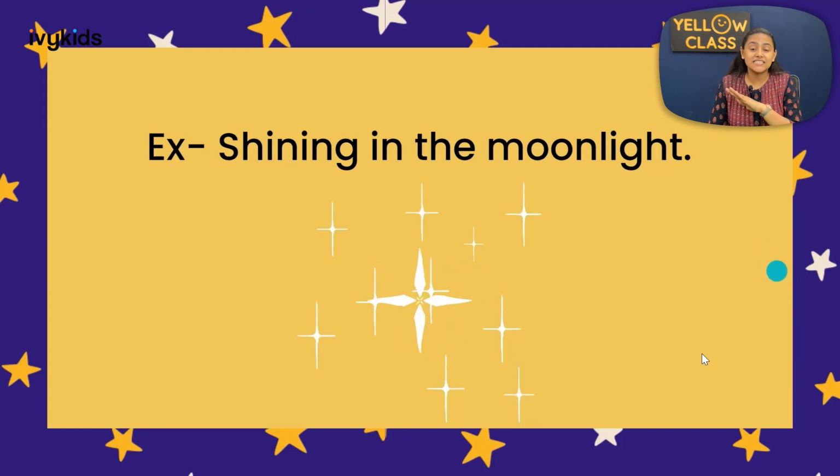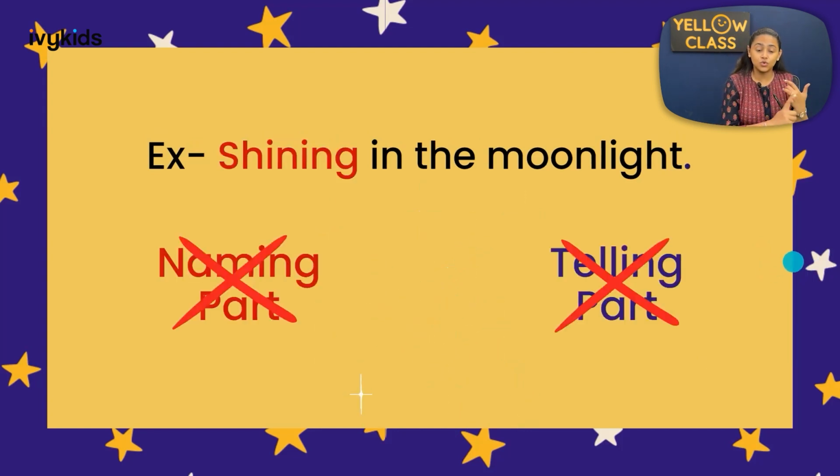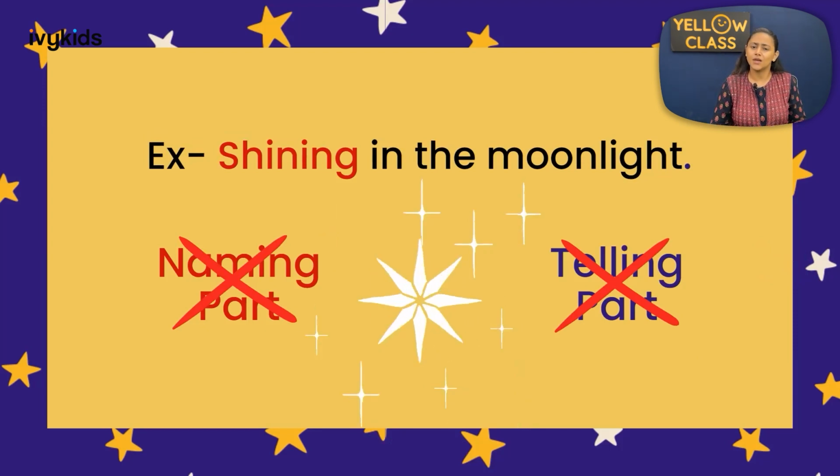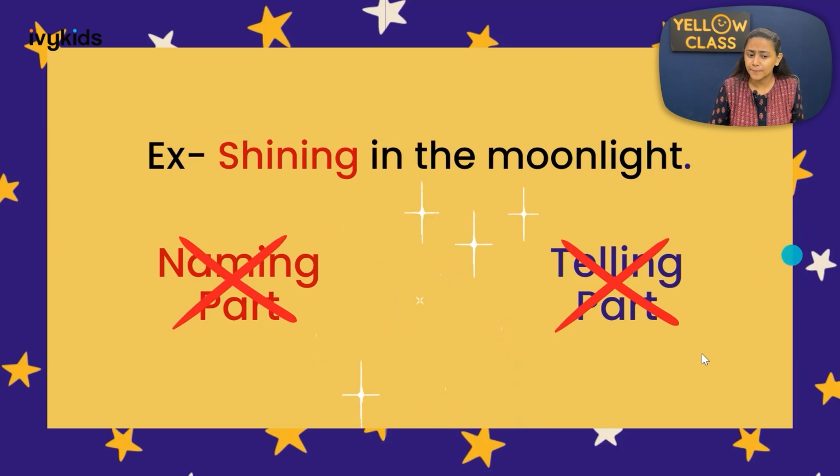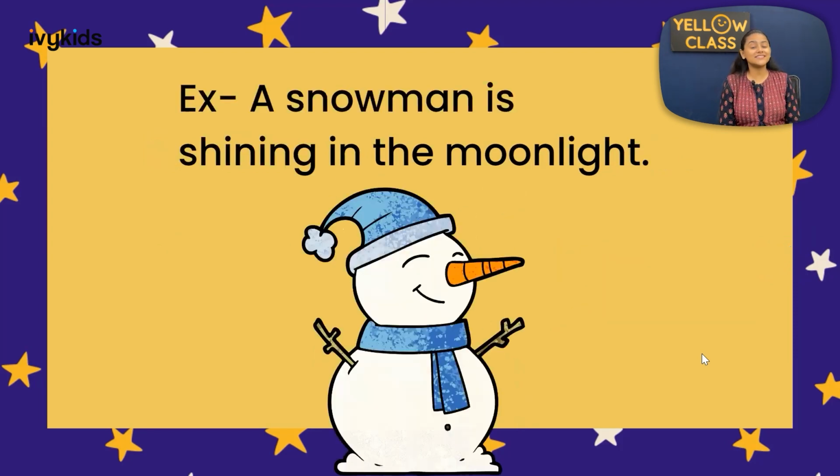This sentence is not correct. There is no naming part, the naming part is not in the perfect position, the telling part is not in the perfect position. What can be the better way? A snowman is shining in the moonlight. Now this sounds like a perfect sentence, right?